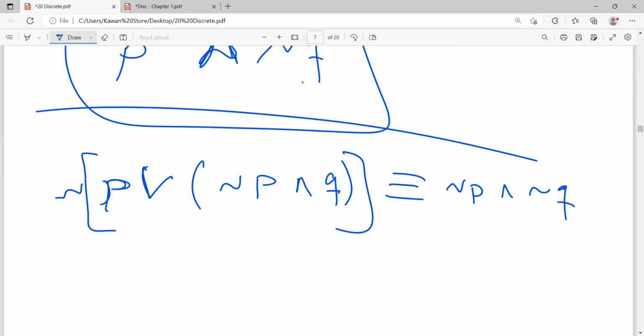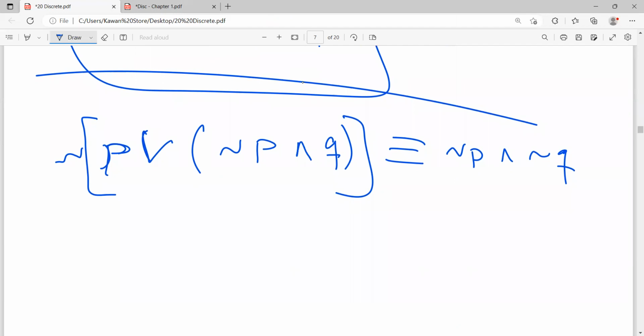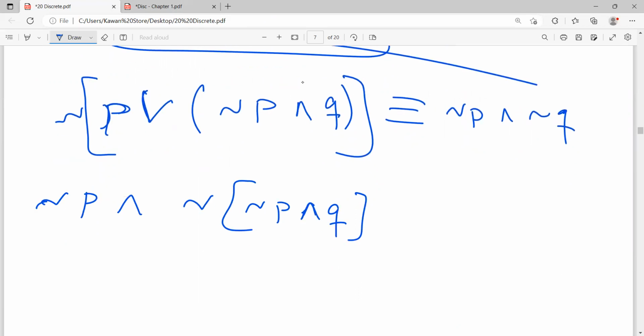Yalla. I should start from the left side to get what? Right side. By using what? Truth table. Okay? Take care from here. So I say it is equal to what? Negation P and negation of here. Am I right? Good. Which is equivalent to what?